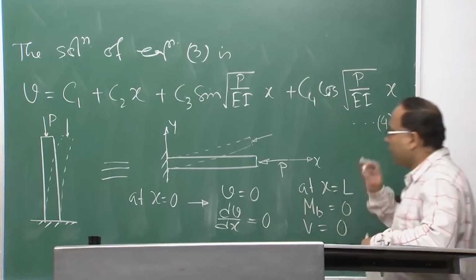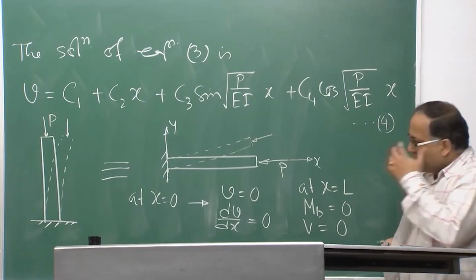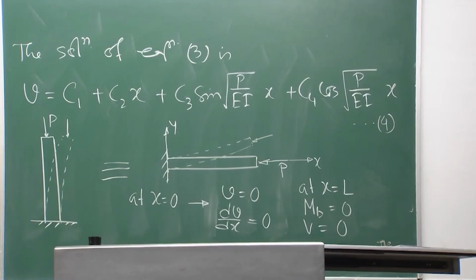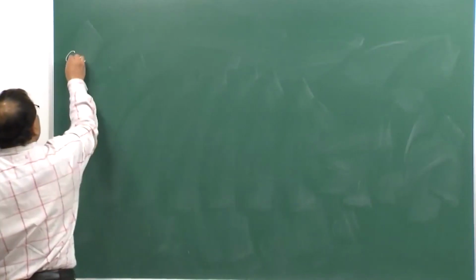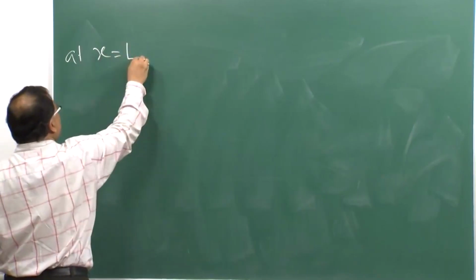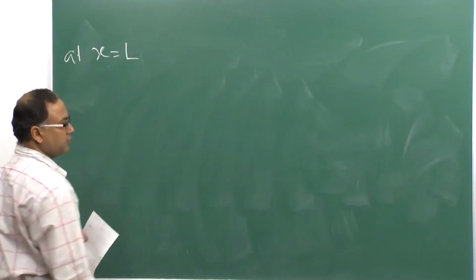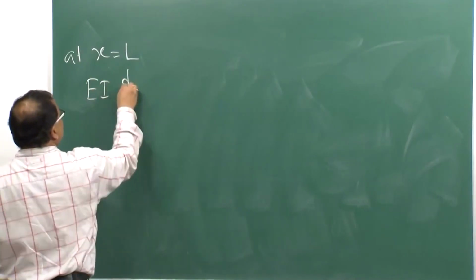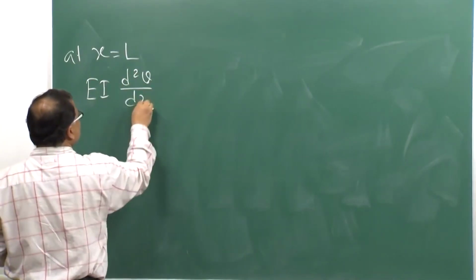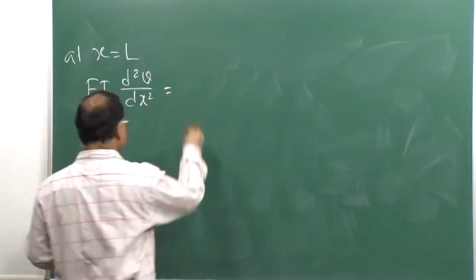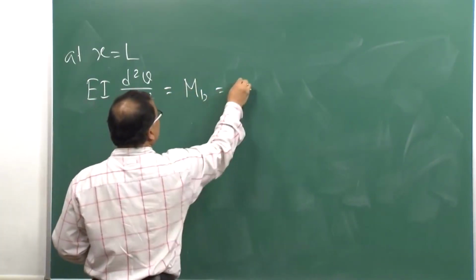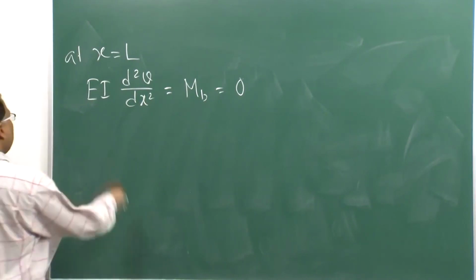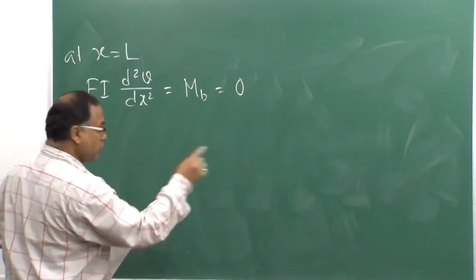So, these are 4 boundary conditions, and now we will be using these boundary conditions to get our unknown constants. Okay. So, already we have seen at x equal to L, EI d2v/dx2 is equal to M_B is equal to 0, and your shear force is also 0.